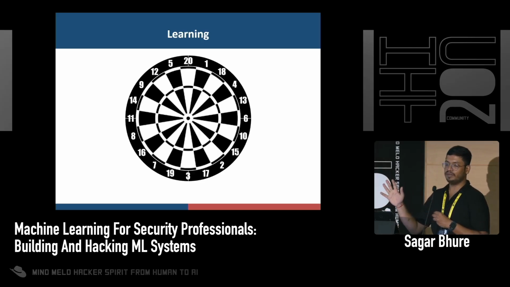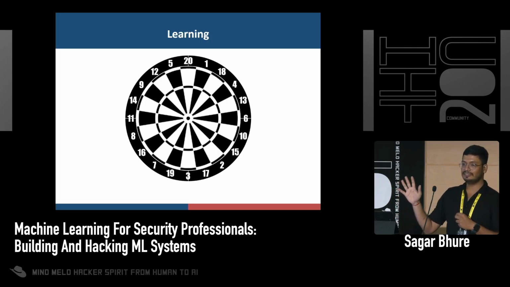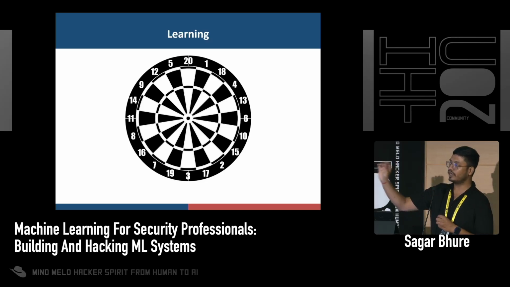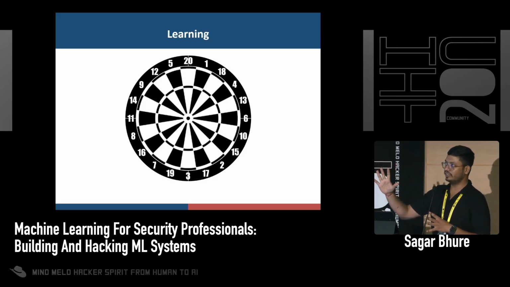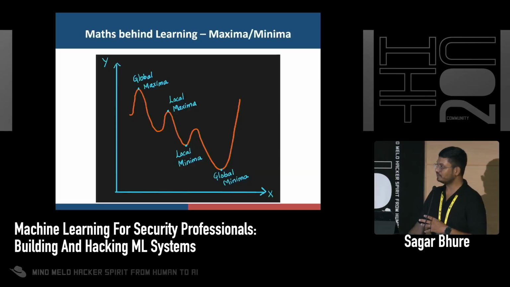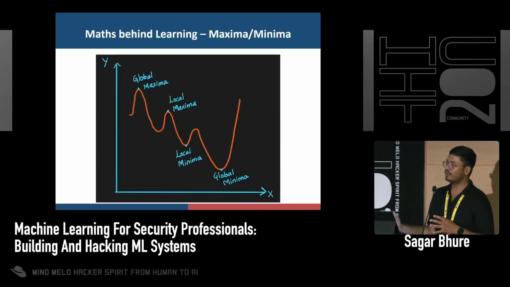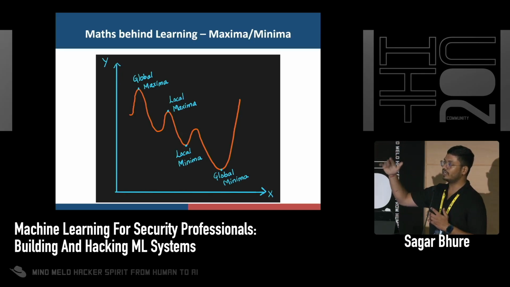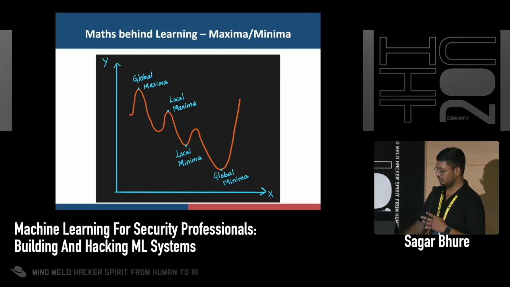How many of you have played this game? You just throw and then you try to make error corrections so that you hit the center. That's what the learning was on the previous slide. You have something like global maxima and local maxima. Global maxima is the maximum of the graph, and local minima is particular to that part of the curve.